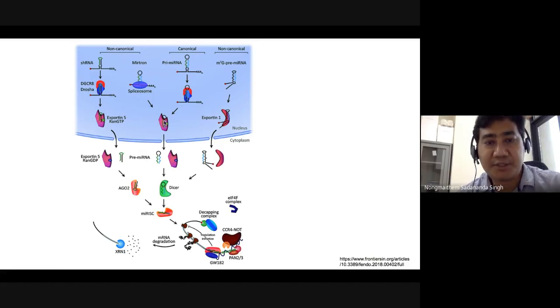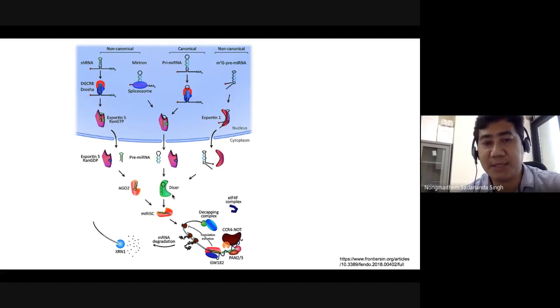The pre-microRNA is transported out of the nucleus, as we talked about earlier, in an exportin 5 mediated, RAN GTP mediated pathway. So exportin 5 binds the pre-microRNA and comes out of the nuclear pores. Once you get these pre-microRNAs in the cytoplasm, they are bound by another endonuclease called Dicer.